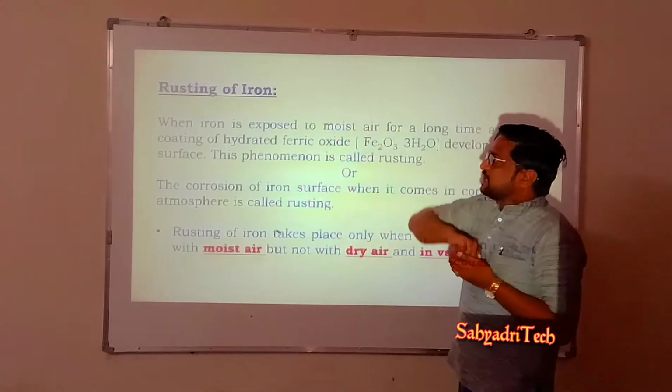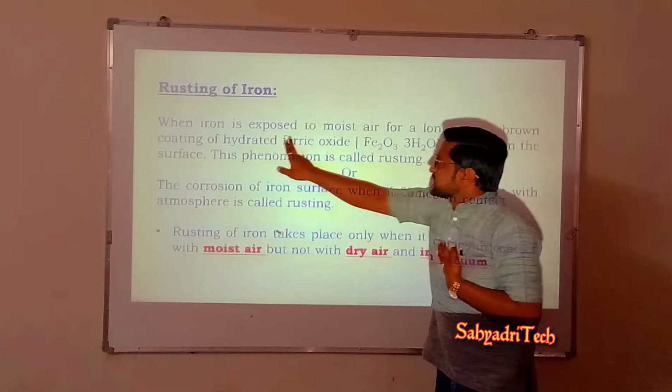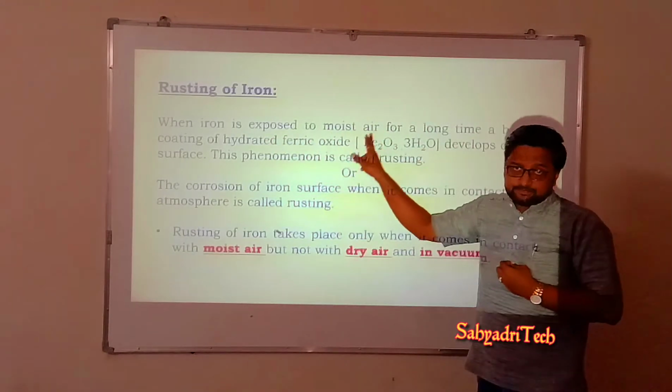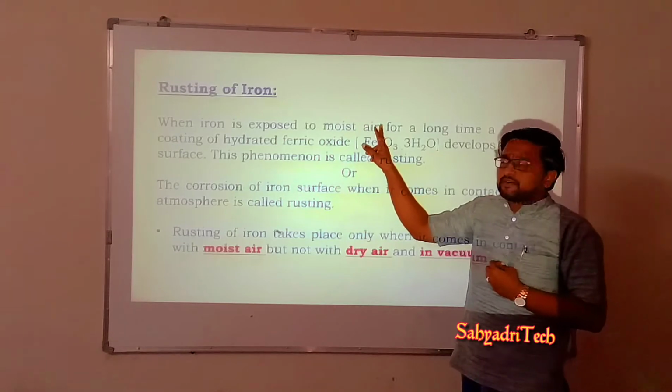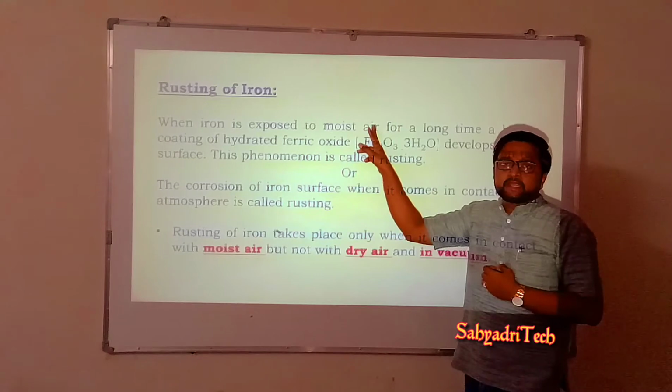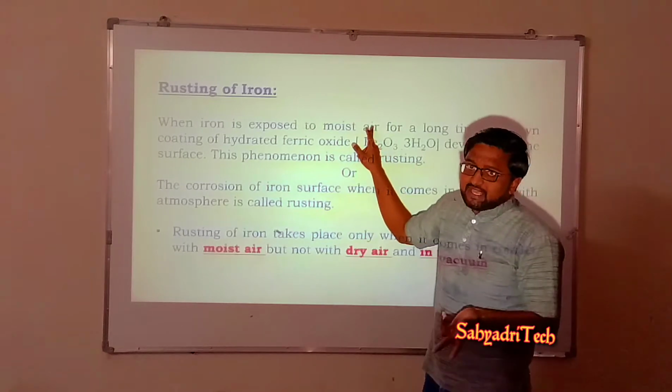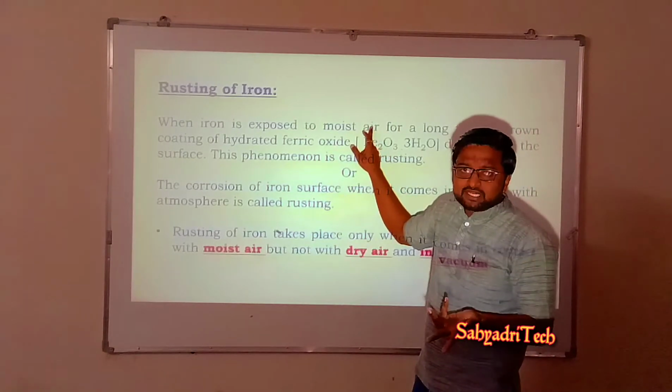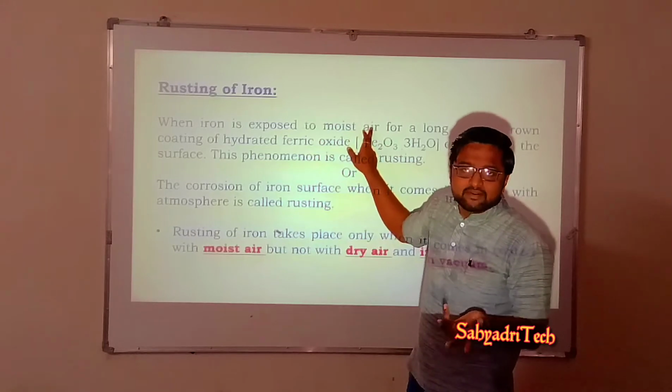Well, here rusting of iron means when iron is exposed to moist air. Remember, I have to specify here, when iron is exposed to moist air. It means if there is dry air, in a sense if there is no moisture, what happens? There is no rusting of iron.